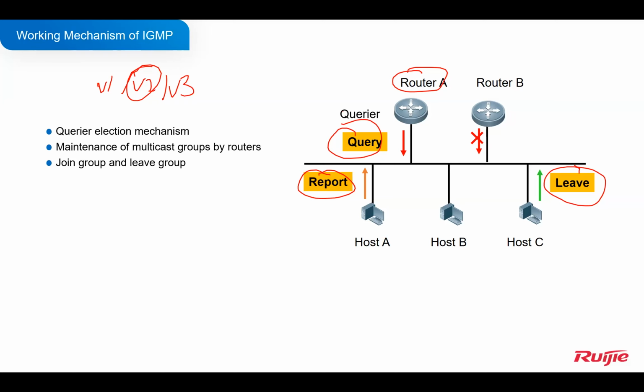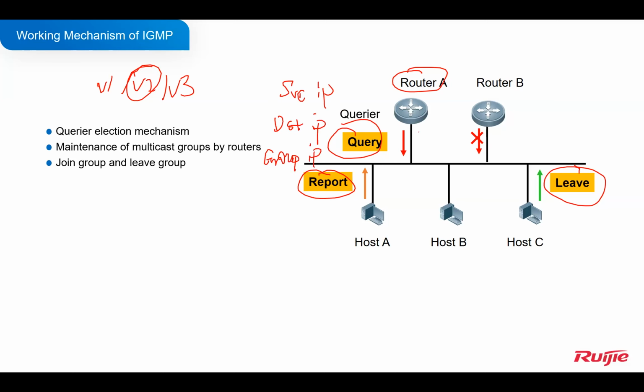For the packet the router sends to our hosts, we have to focus on three parameters: first the source IP, second the destination IP, and third the group IP information.